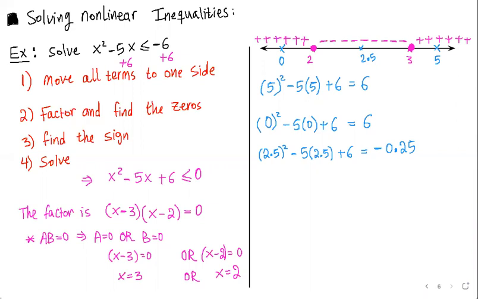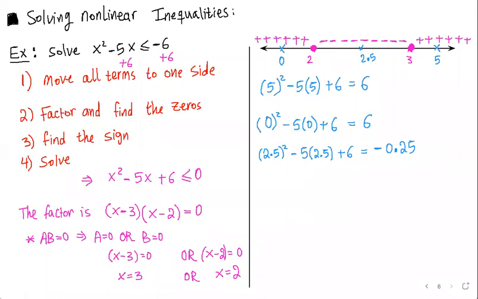Now you go back to the question. The question asks x squared minus 5x plus 6 less than or equal to 0. This means the solution is where, if I plug it inside this equation, they give me negative numbers or 0. So I go back to the sign and look at which solution gives me negative.